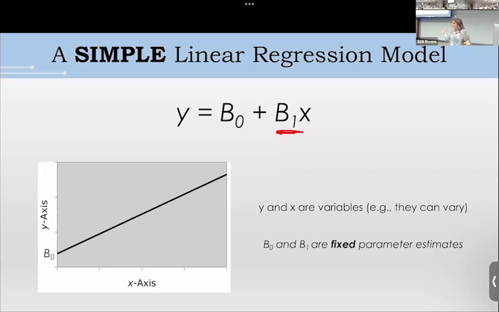Now, when you get more advanced in stats, you can run models where instead of having fixed parameter estimates, you can have random parameter estimates. Random parameter estimates don't actually mean random. They mean different people can have different values. So you can run a model where you have what's called fixed slope, random intercept.